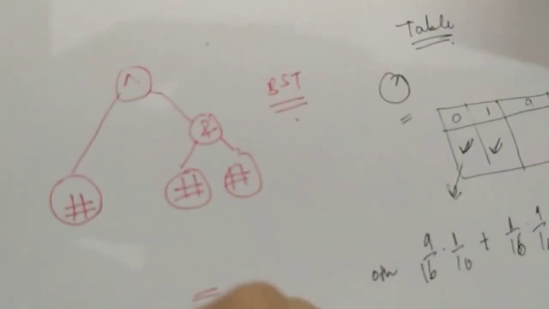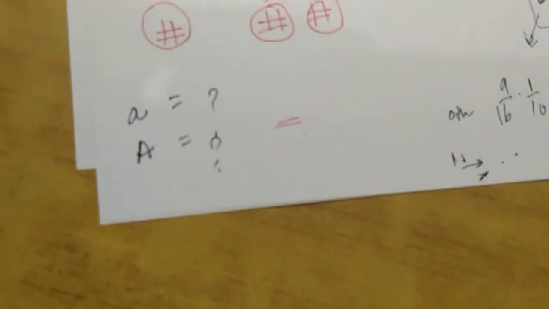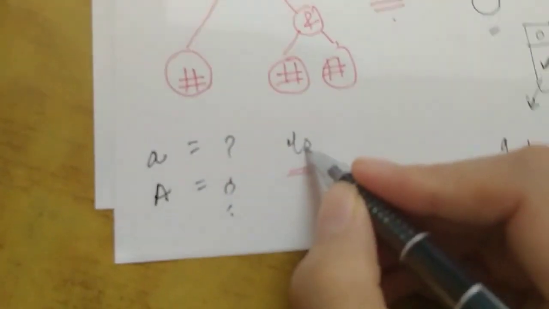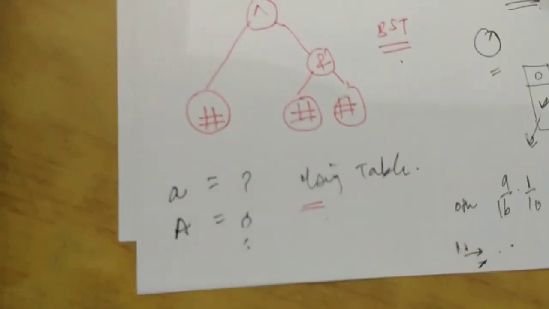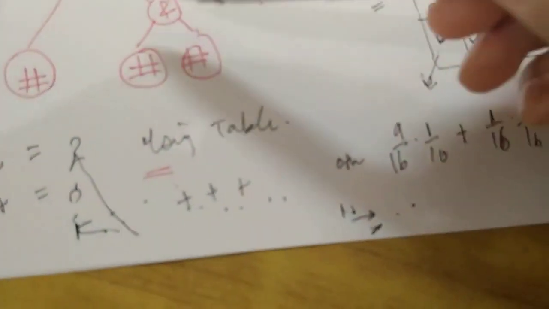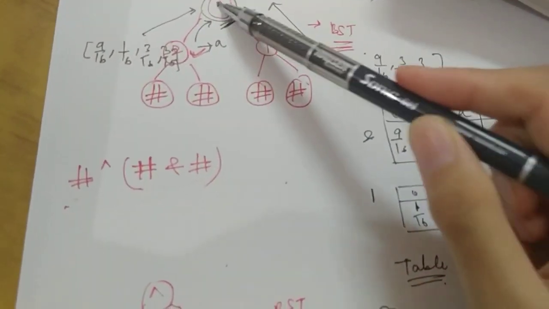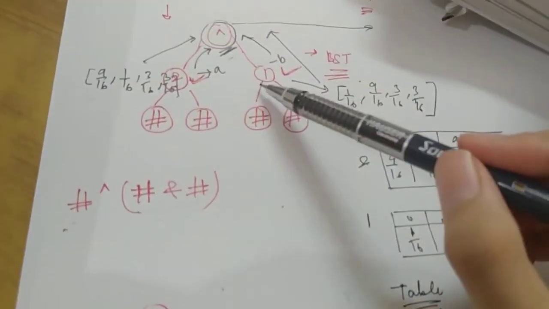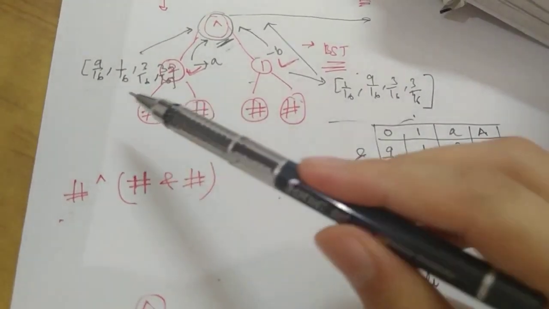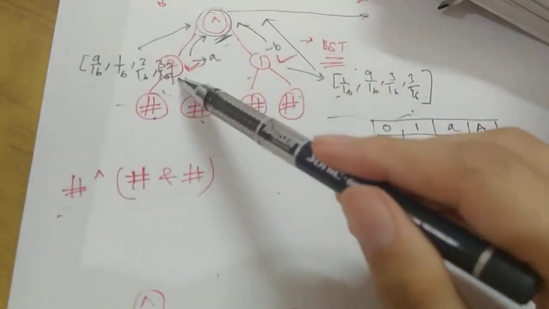Similarly, we will see the value of small a and capital A when they evaluate to small a and capital A using the table. We will multiply their corresponding probabilities and sum them up to get these values. In this way, we will proceed in bottom-up manner to reach this node. We use 1 by 4 to evaluate this, and these two will be further used to evaluate this XOR.